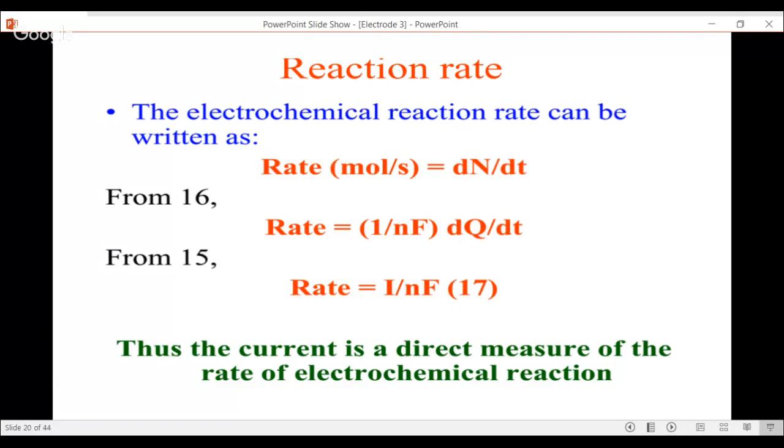Thus the current is a direct measure of the rate of the electrochemical reaction.